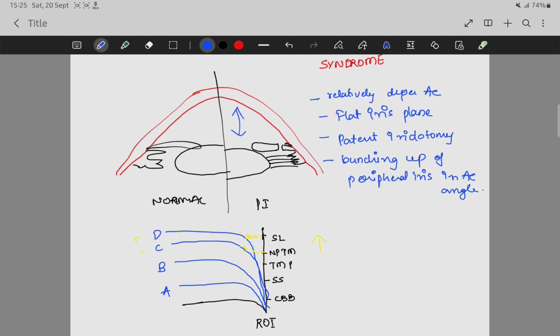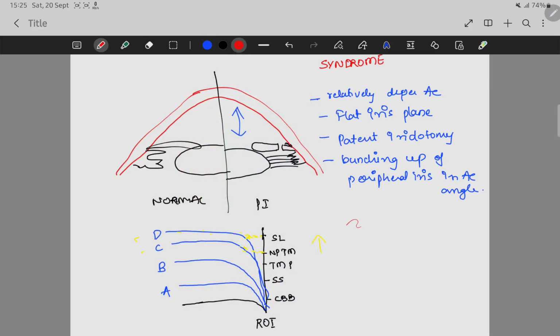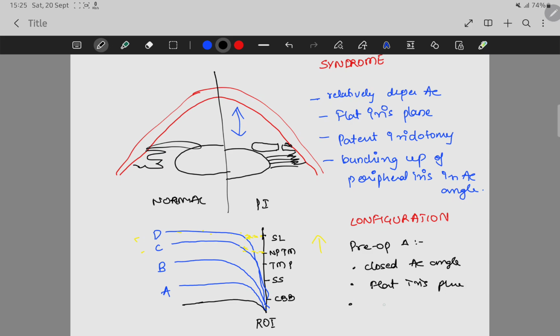Now what is Plateau Iris configuration? So this is actually a preoperative diagnosis. So there is closed AC angle, flat iris plane, and a normal central AC depth.